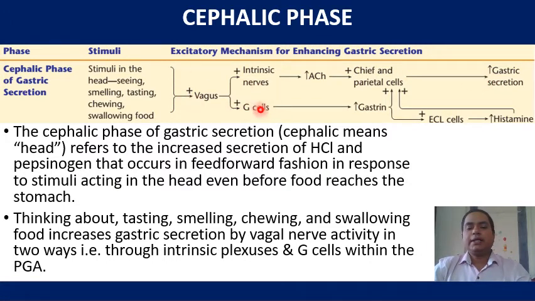The stimulated G cell secretes gastrin, and the gastrin also has a stimulatory effect on the chief cell and parietal cell as well as on the enterochromaffin-like cell that produces histamine. So this pathway corresponds to the excitatory mechanism for enhancing gastric secretion through the cephalic phase.